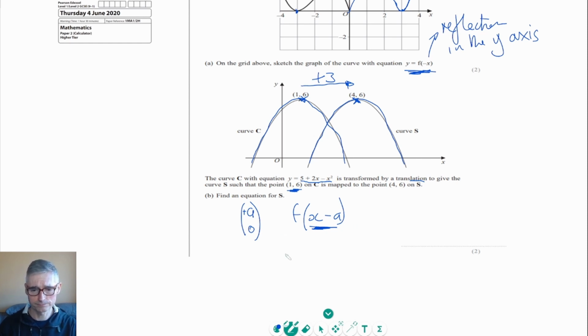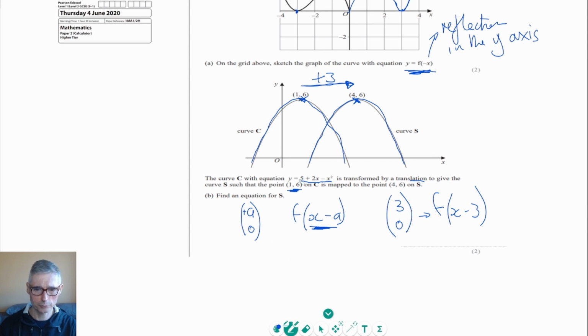Now in our case, what we've got is a translation of (3, 0). So that represents a vector which is moving by 3 in the positive x direction. So that means that our function is actually x minus 3 because we have to use the opposite sign.